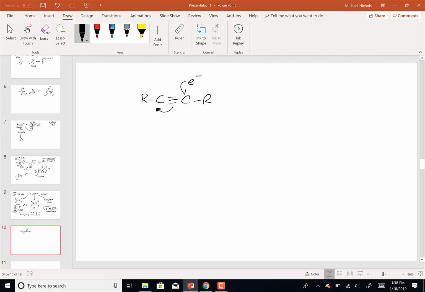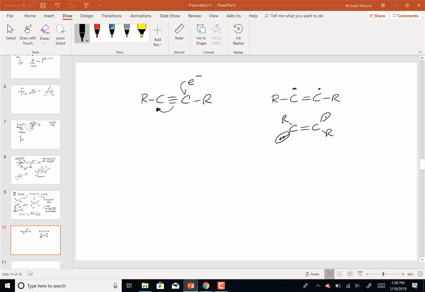So what I'm going to end up forming then is a carbon with a lone pair and a carbon with an unpaired electron. And now I have to put those in orbitals. And by definition, since they're big clouds of electron density, they have to be trans.